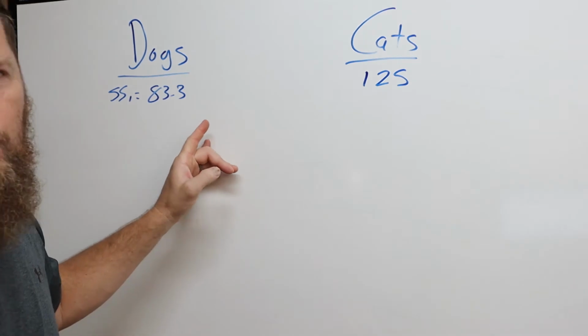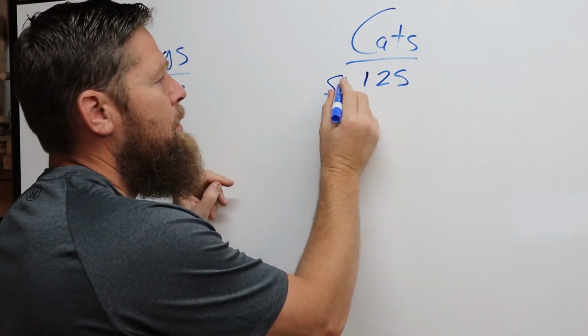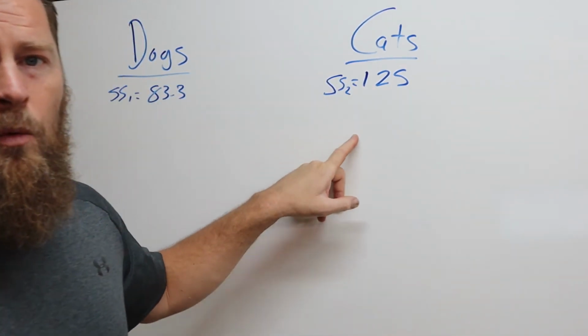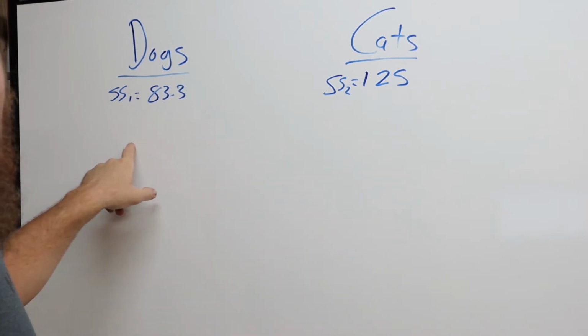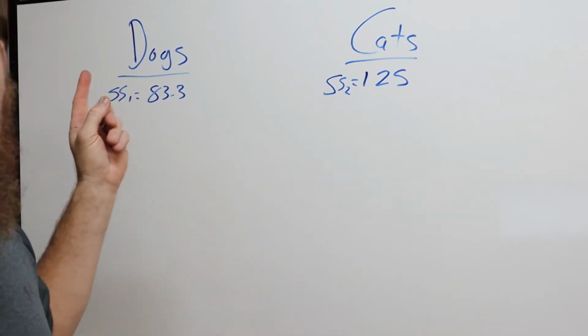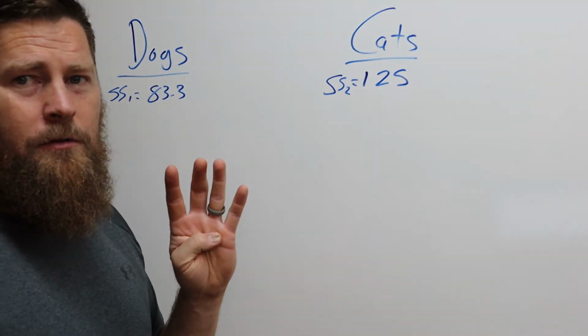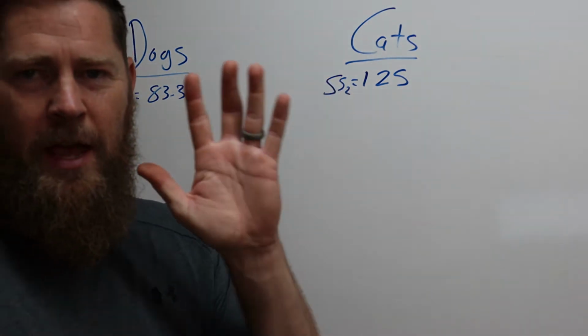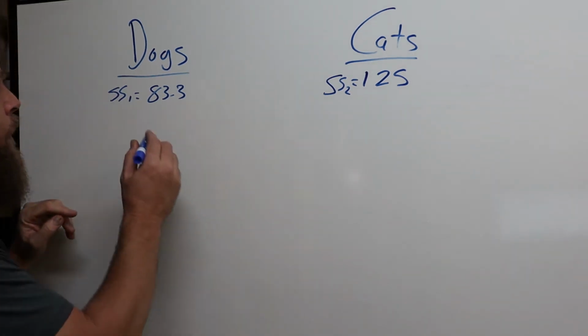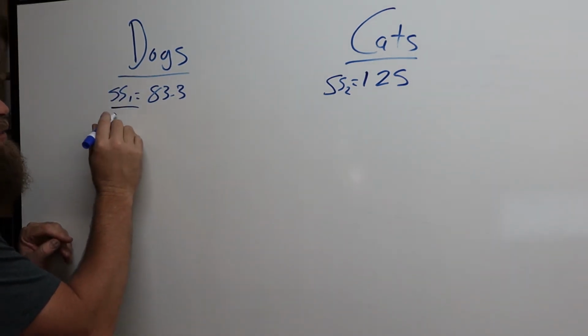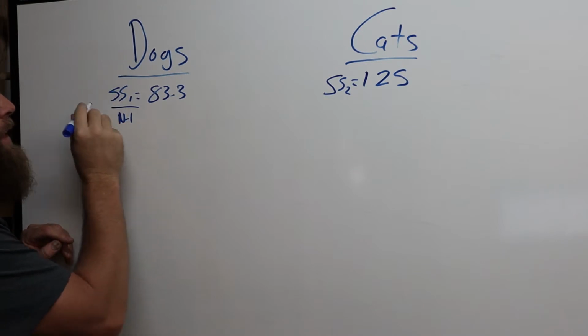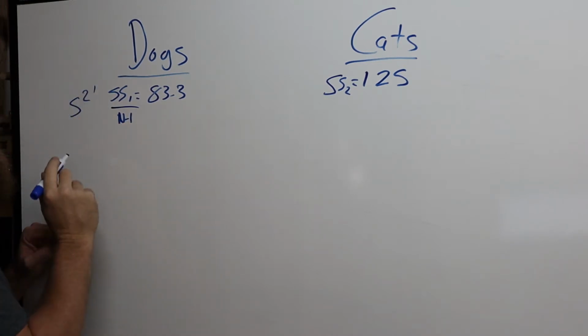So these are the sum of squares for group 1 and for group 2. What we do with the sum of squares is divide it by the degrees of freedom for each group. If you remember, dogs had 6 people in it, so the degrees of freedom is 4. I'm just kidding, it's 5, right? Because n minus 1. So when we divide the sum of squares by n minus 1, that gives us S2 for group 1.